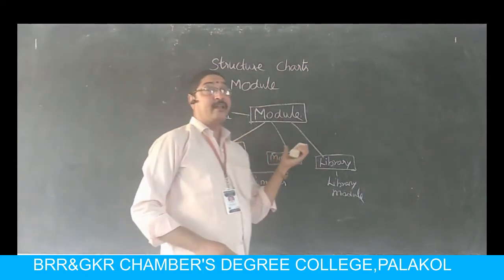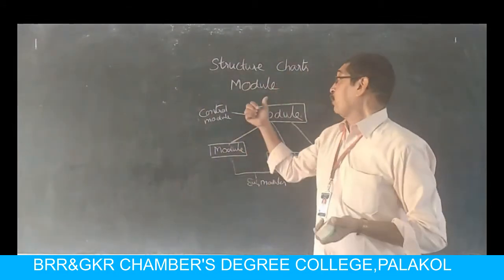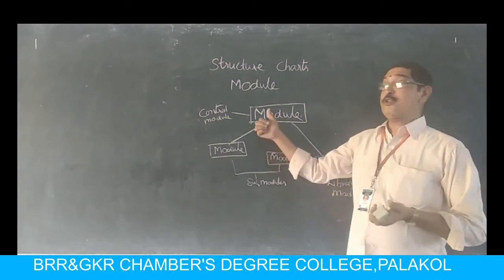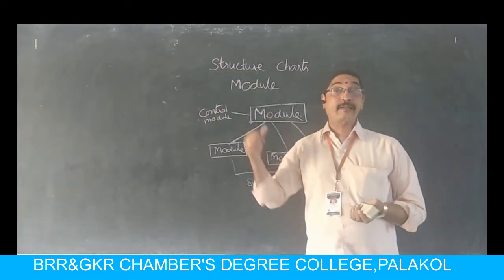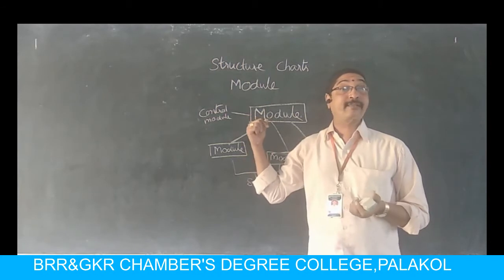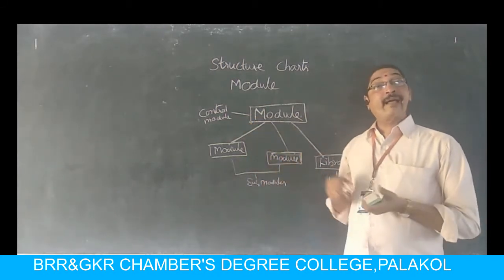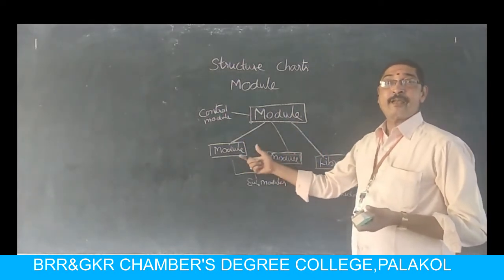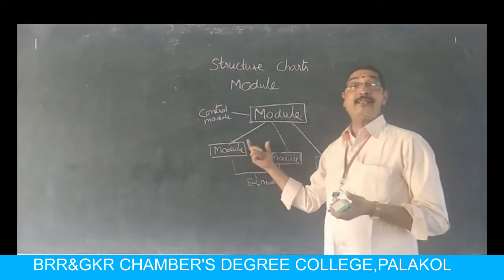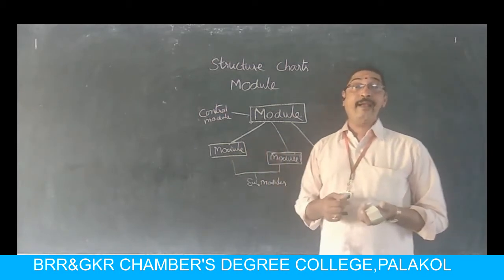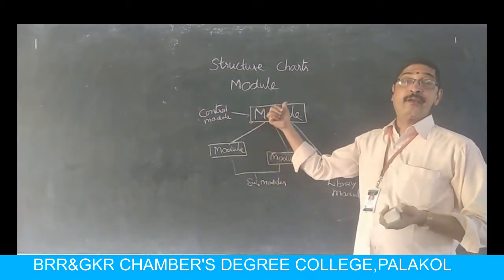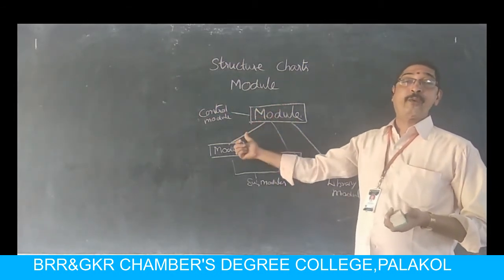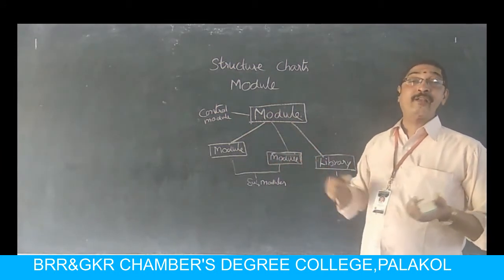So how can I explain this module methodology in the structure chart? It represents processes and subroutines, or tasks. So these may be processes, these may be subroutines, or these may be tasks. And a control module branches to one or more, that is, a control module branches to more than one subroutine.